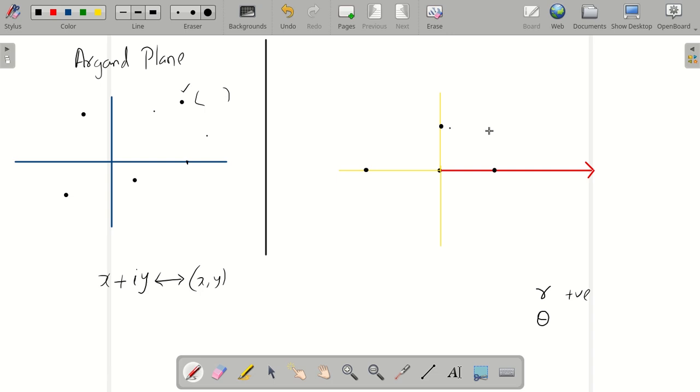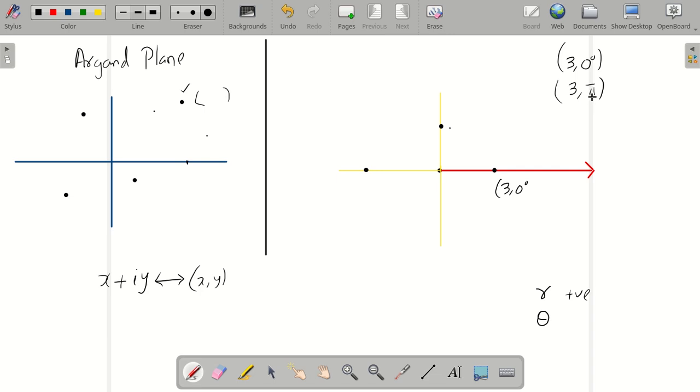So now look at this. I want you to plot 2 points, (3, 0 degrees) and (3, pi). So 0 degrees means the direction of the red line. So (3, 0) means it will be this point. I'm going to mark this as (3, 0 degrees).